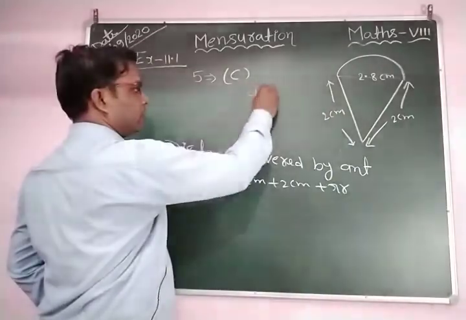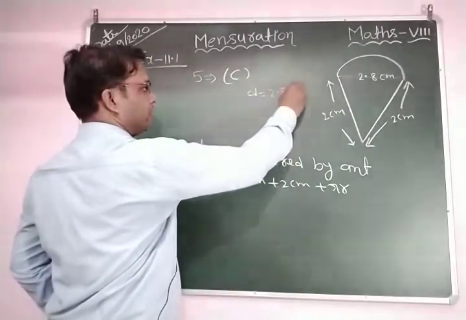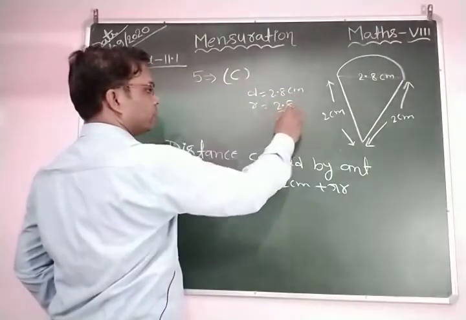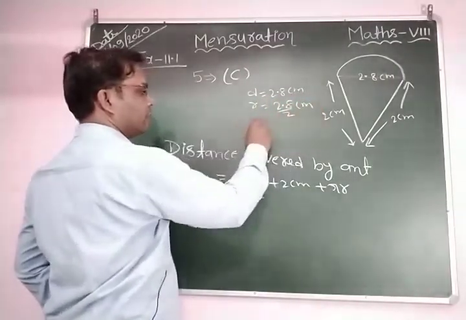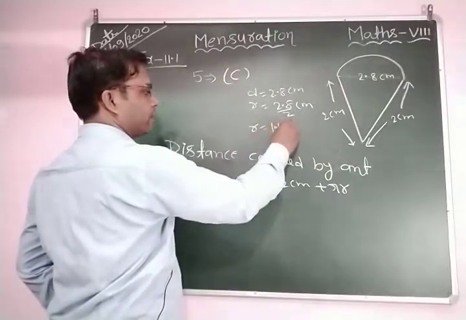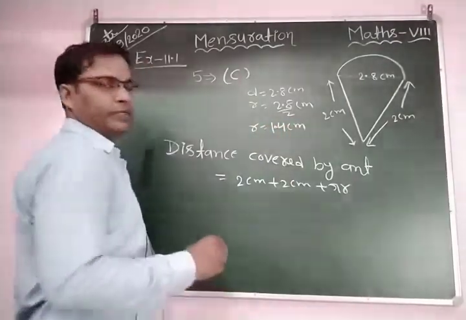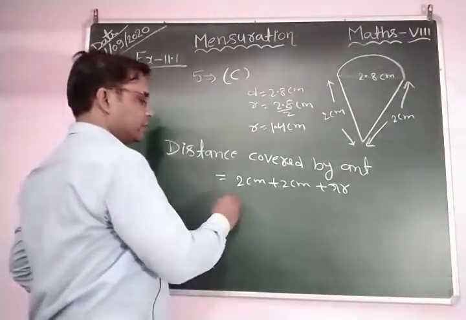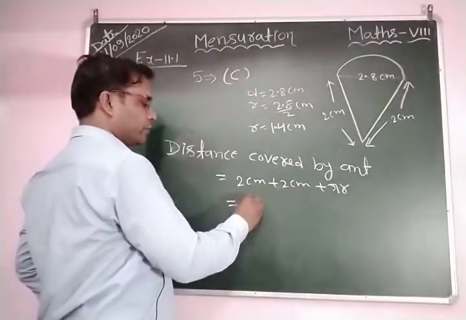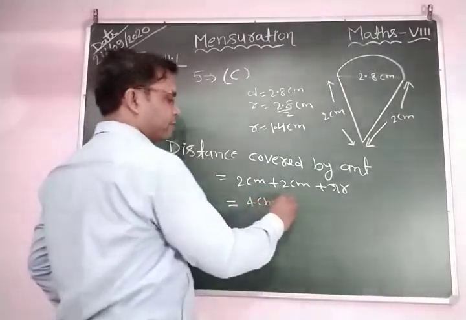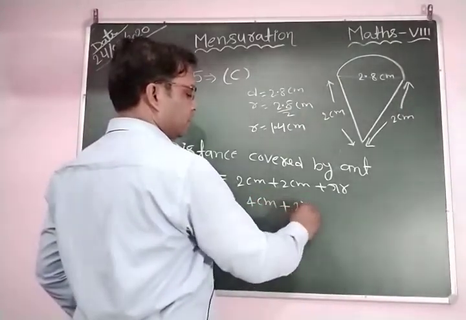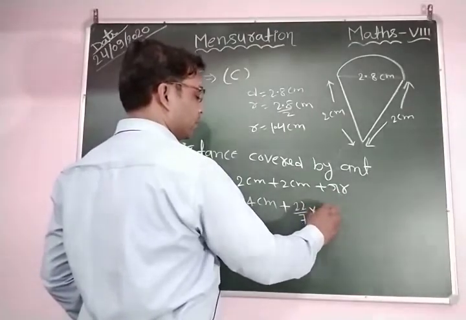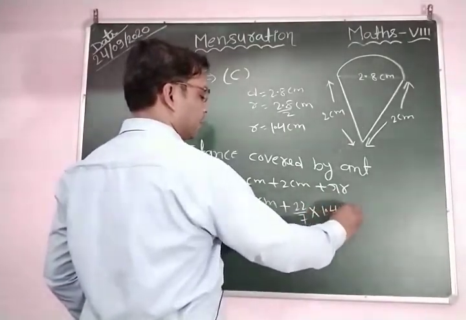Here d is equal to the given 2.8 centimeter, and r is equal to 2.8 by 2 centimeter, or r is equal to 1.4 centimeter. Clear? Now, if we add them, then we obtain 2 plus 2, this is equal to 4 centimeter, plus 22 by 7 into r, which is 1.4 centimeter.